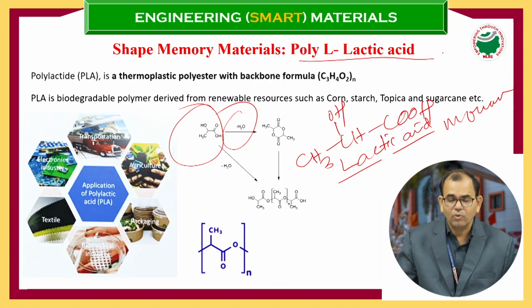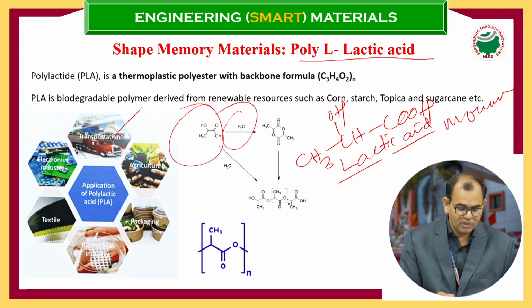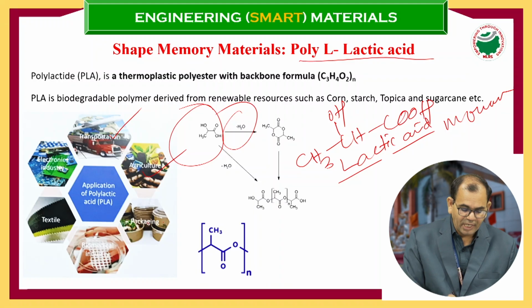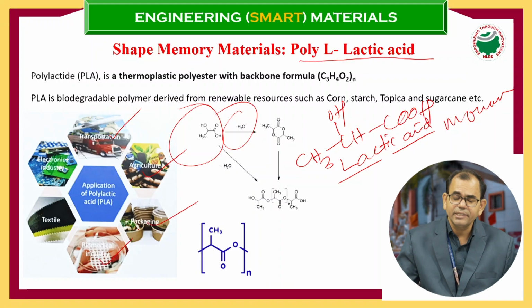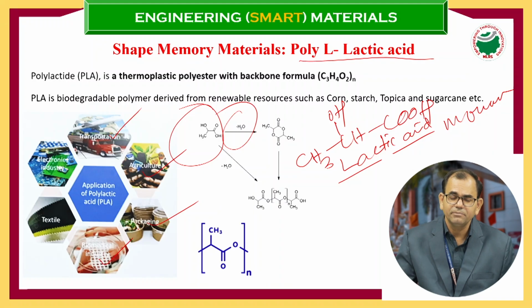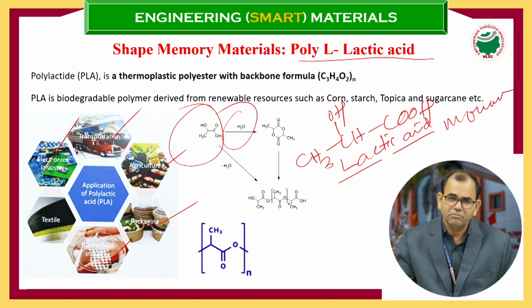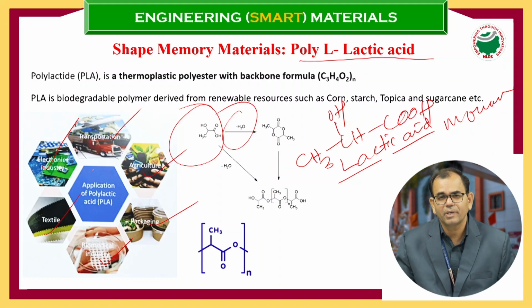Now, what are the applications of this polylactic acid? In the transportation sector we widely use it. In the agriculture sector we use it. Packaging materials we use it widely. And in the biomedical industry we use it for drug delivery, cancer treatment, etc. In the electronic industry, why? Because polymers are the best insulators. And in the textile industry we also use polyesters.